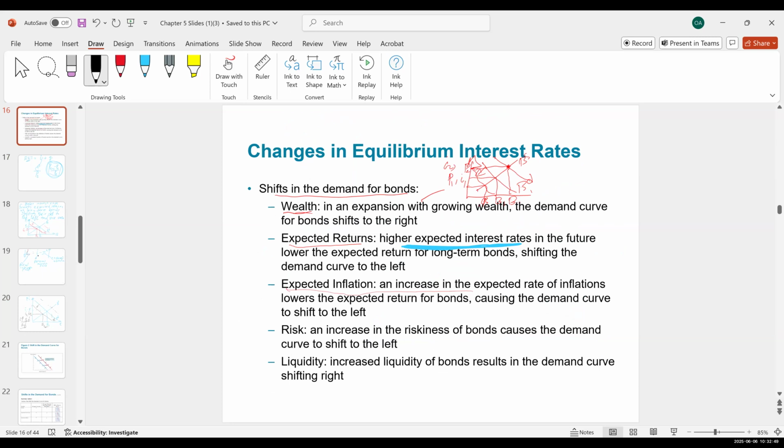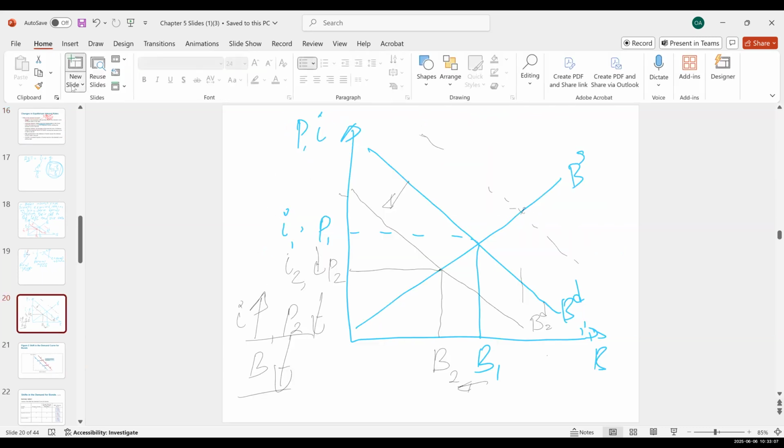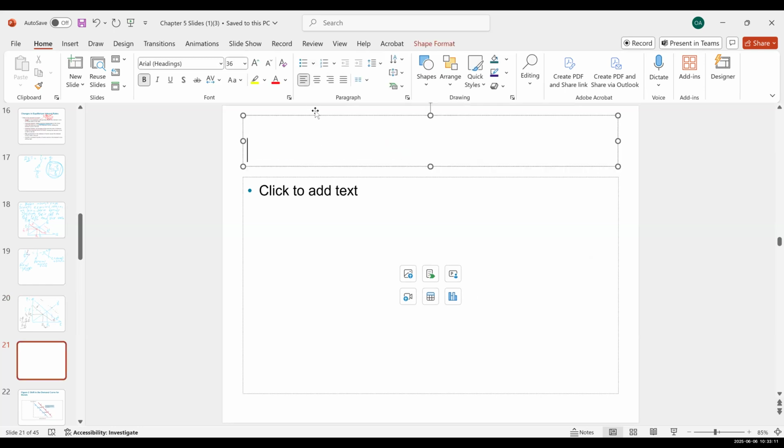And then the other factor, this is straightforward, is risk. If the bond market is becoming risky compared to any other market, what do you think is going to happen to its demand? Hey guys, I'm asking you a question. Demand will go down.